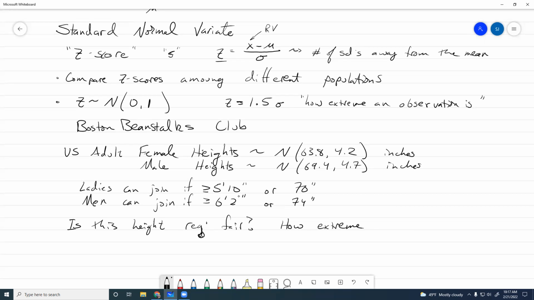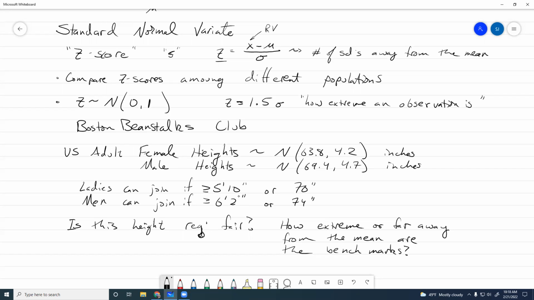How extreme or far away from the mean are these benchmarks, we'll say. And that way we can compare them.